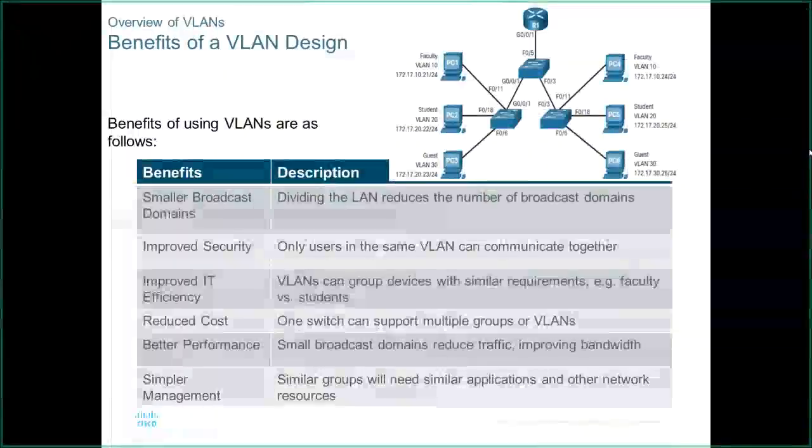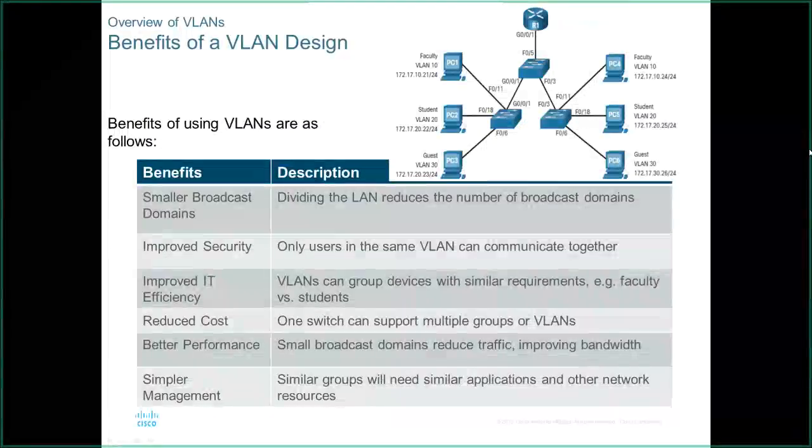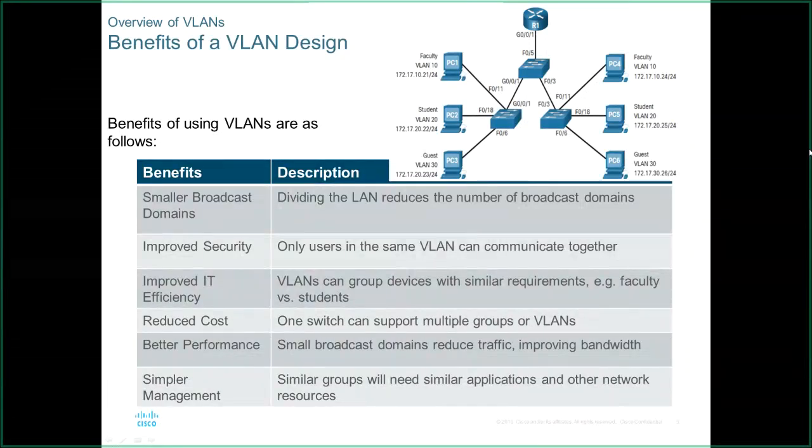So by creating multiple virtual networks, we reduce the size of the broadcast domains, which means we have more broadcast domains but smaller in size. We can provide better security of the traffic, because only the machines that are supposed to see the traffic will see it.